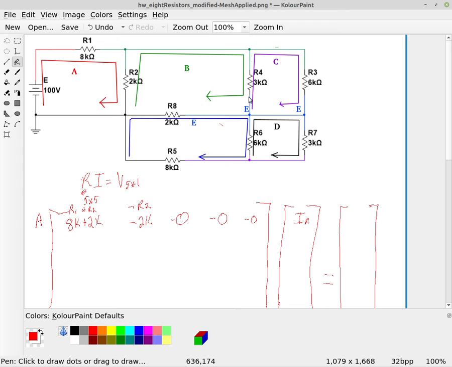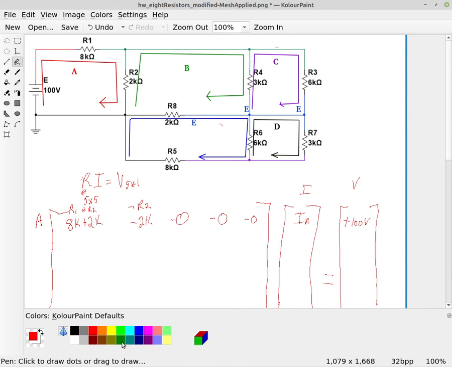Now, one thing I should point out, this circuit only has one power supply, which is E. So we only have the one power supply, and it is touching A, and it's going in the direction that A is going, so it's going to be a positive 100 volts. Okay, so this is our I matrix and our V matrix, and this large one is the R matrix.